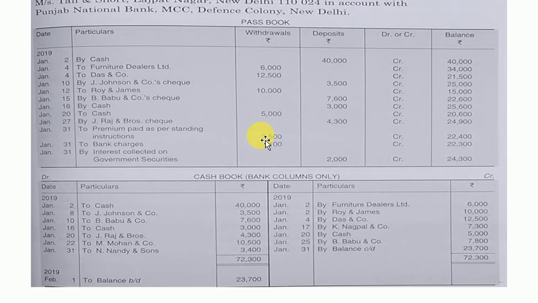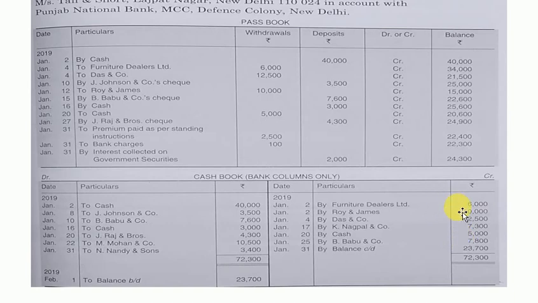The business Tall and Short must have given a standing instruction to the bank for payment of this amount on a particular date. So the bank has paid this amount on behalf of the business, which will reduce the balance of the bank in my passbook. Whereas if this amount 2500 is not appearing on the credit side, that is the payment side of the cash book, this is going to keep the cash book balance more than the passbook balance.